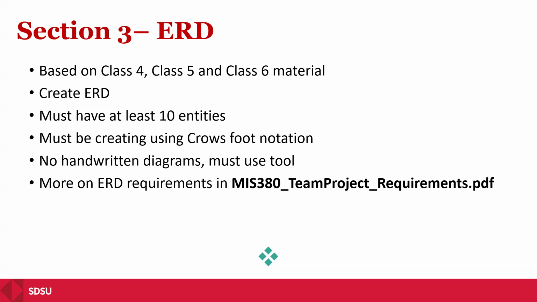Section 3 has two subsections: 3.1 is the entity relationship diagram, and 3.2 is entity descriptions. You can look at the sample report to see what to put there. So again, section 3 is all about the entity relationship diagram.